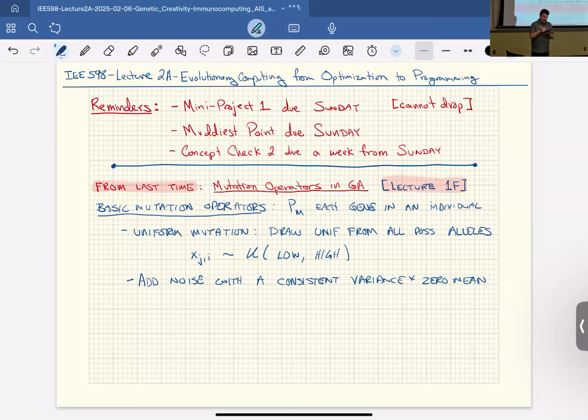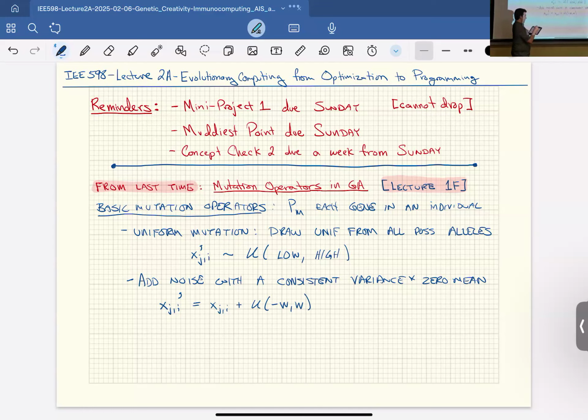So an example might be that for individual J at gene I, their next value, which I'll denote with a prime as a convention for the next one, x_J,I prime, is just going to be the previous version, x_J,I, plus some uniform noise with some width.